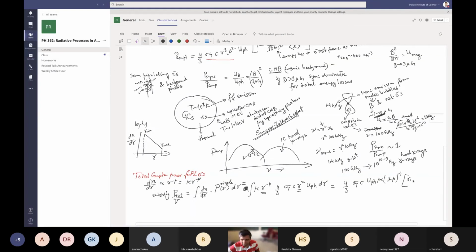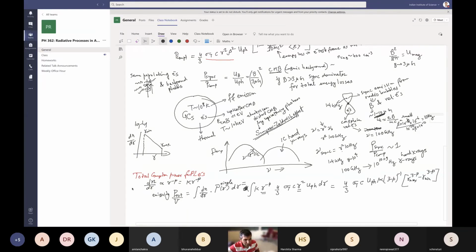Gamma max to the 3 minus p minus gamma min to the 3 minus p. This is just this integral.